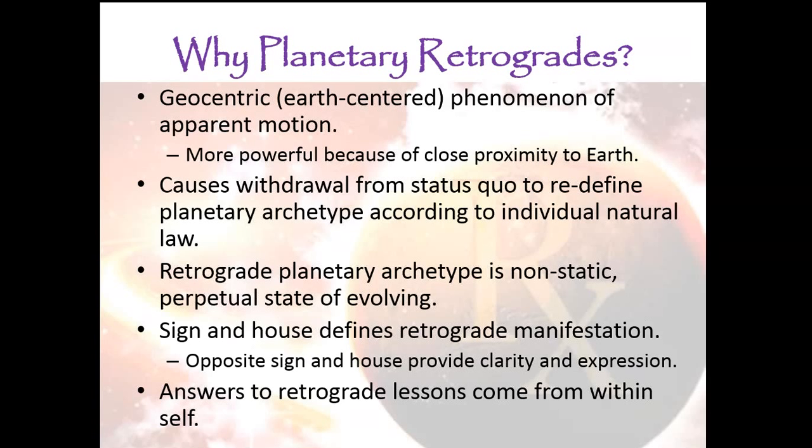Now the sign in the house of the planetary retrograde will describe how it's manifesting. The opposite sign in house will provide clarity, expression, and the direction to go in being able to break free into our own natural expressions. And of course, answers to retrograde lessons always come from within ourselves.